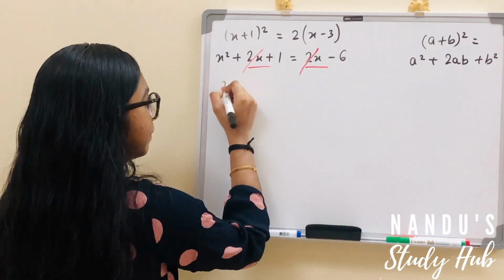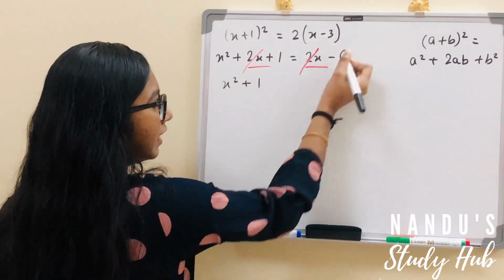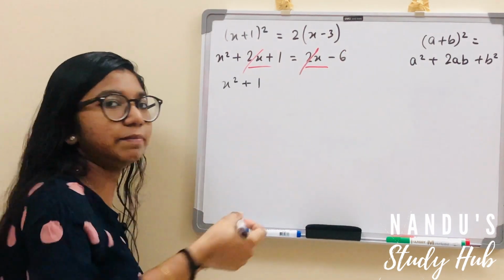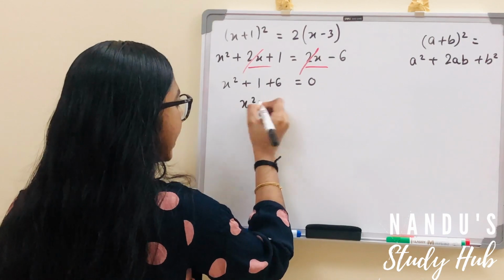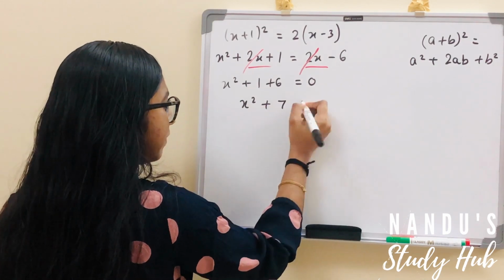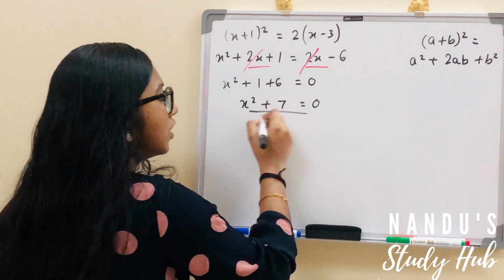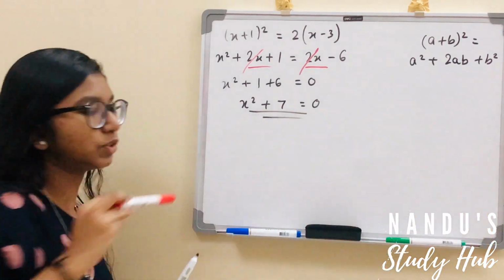So next step will be x square plus 1. This is minus 6. When you bring it to the other side, it becomes plus 6 equals 0. So x square plus 6 plus 1, 7 equals 0. So that is your final answer.